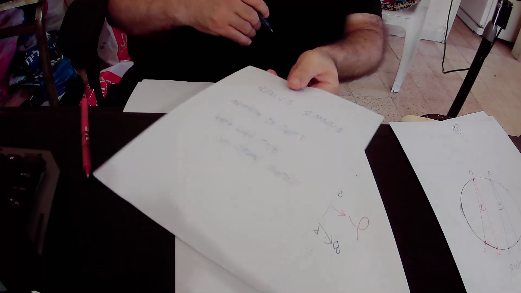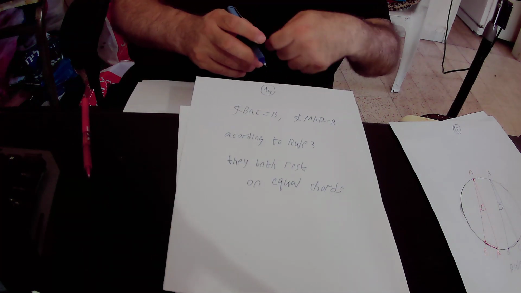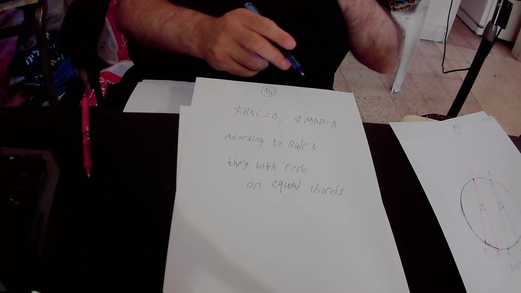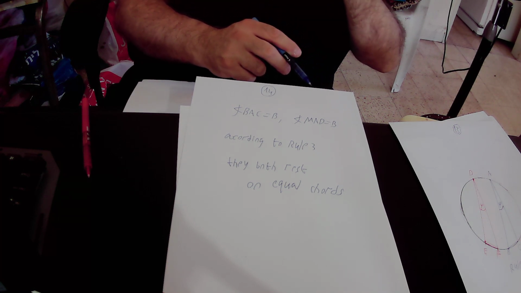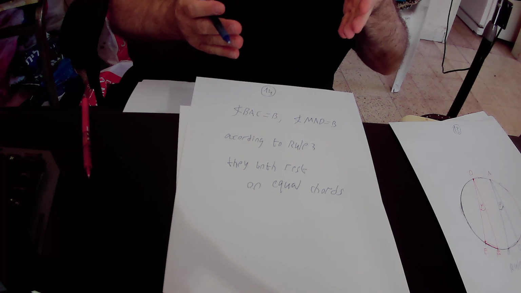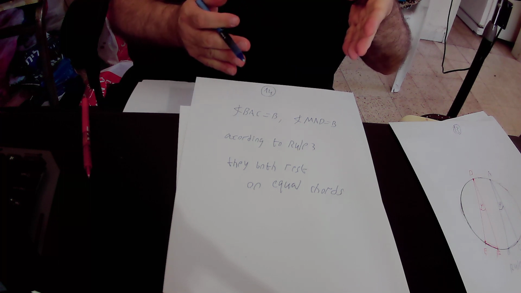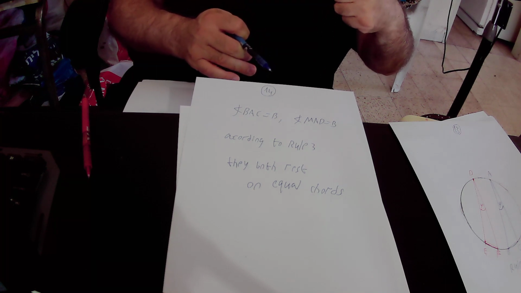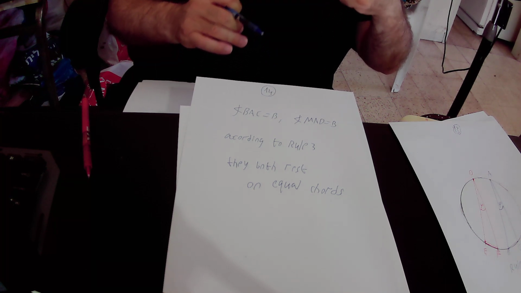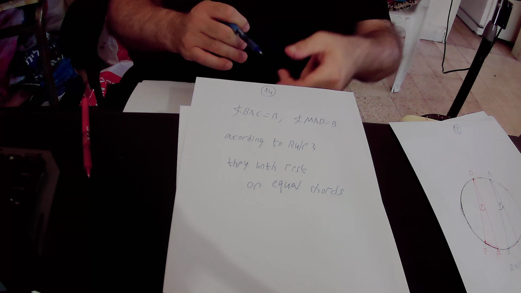So read again. Angle BAC that equals beta and angle MAD that equals also beta. So we have two peripheral angles that equal each other. So according to rule number 3, they both rest on equal chords.